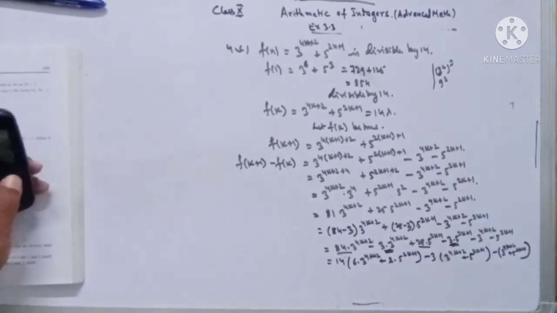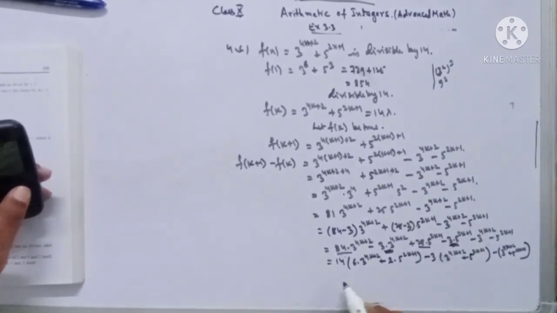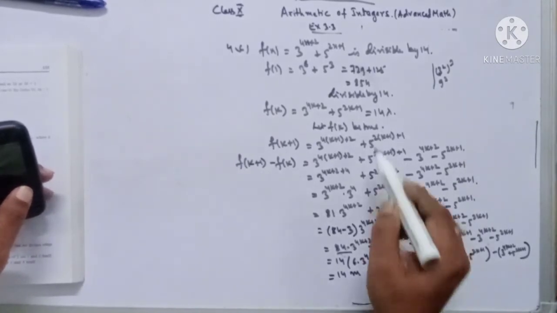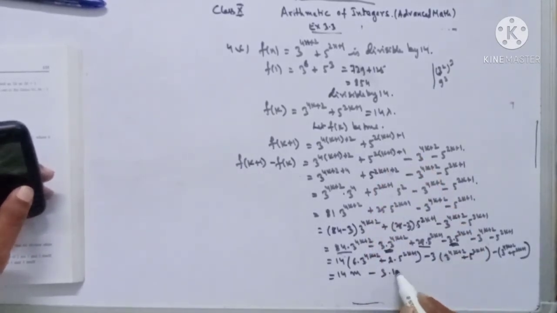So now here I can let this be m minus 3. This is 14 lambda into 14 lambda, and this is minus 14 lambda.